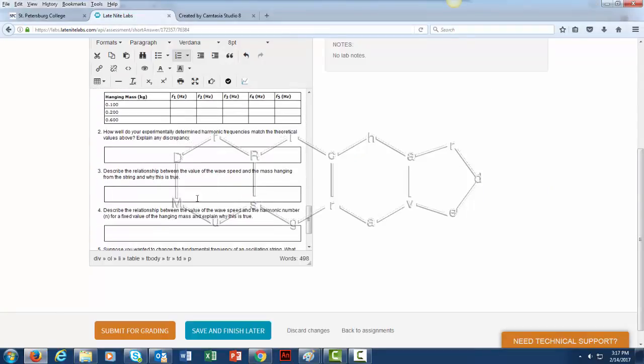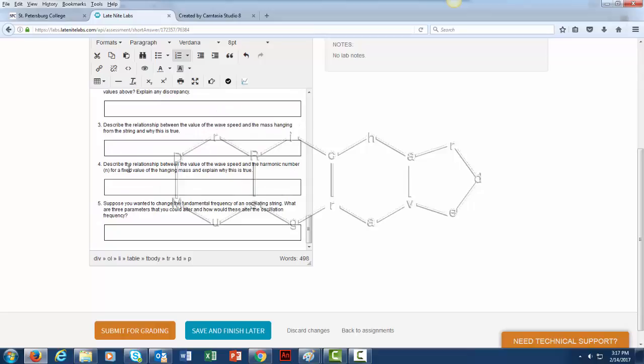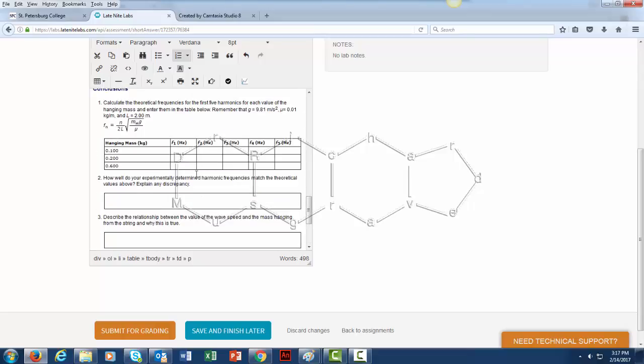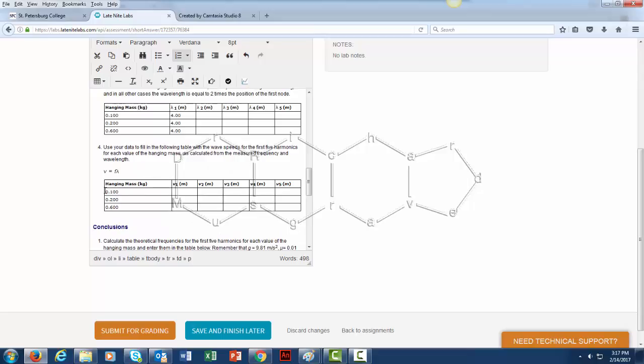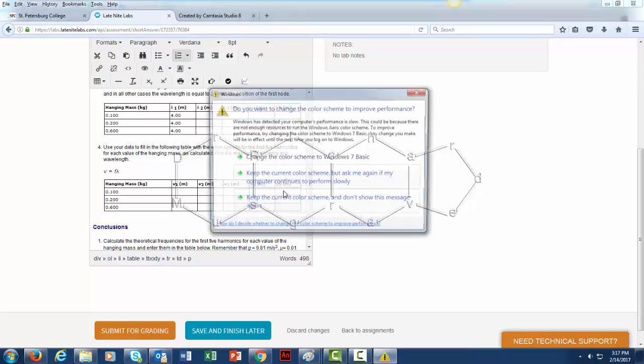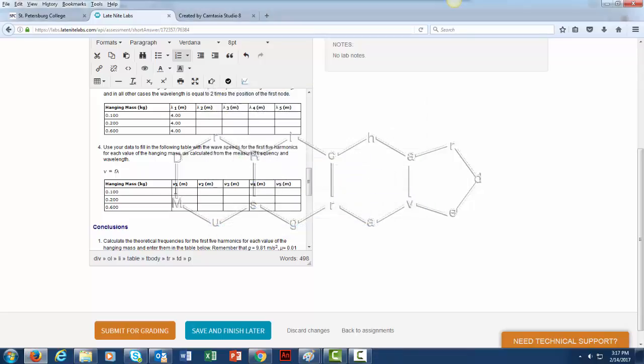The other thing that's being asked here is to describe the relationship between the wave speed and the harmonic number for a fixed hanging mass. So what they're asking you to do is, for this one here that's got the wave speed, start at say 0.100 and see what happens to the velocities as the harmonic number changes.